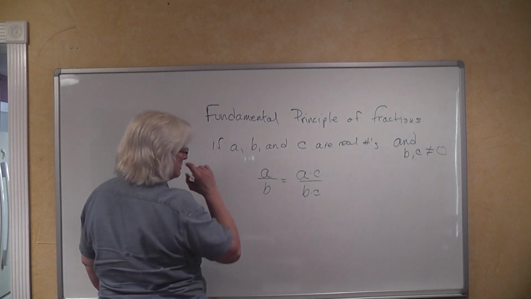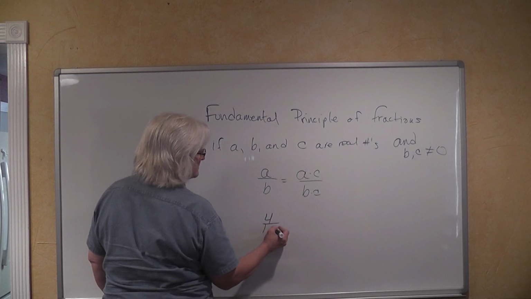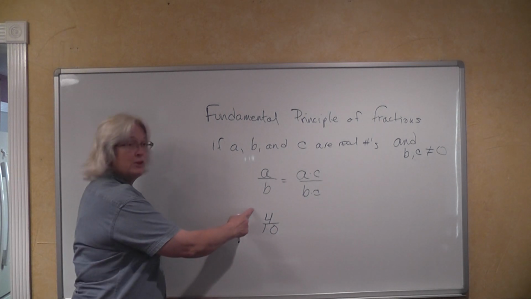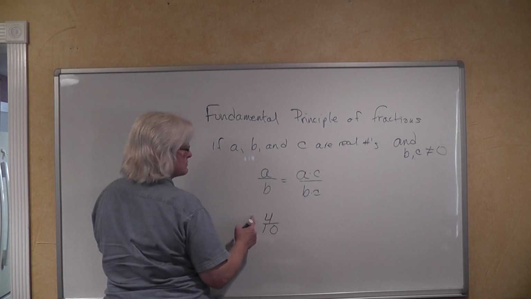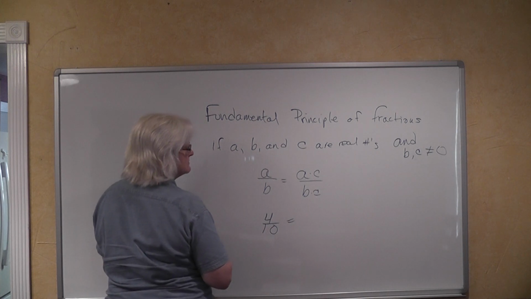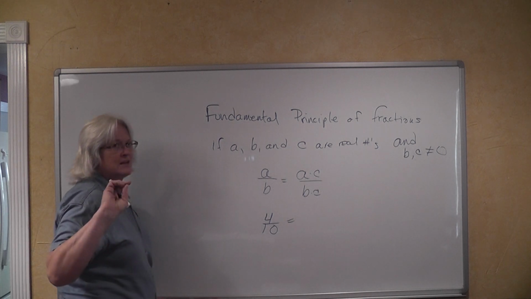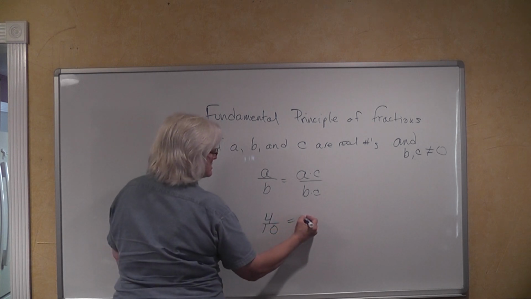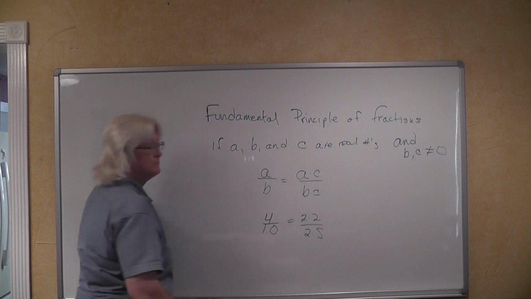For example, if we wanted to reduce 4/10 to lowest terms, you know that that fraction is not reduced because both the numerator and the denominator are divisible by 2. So we can change this into 2 times 2 over 2 times 5.